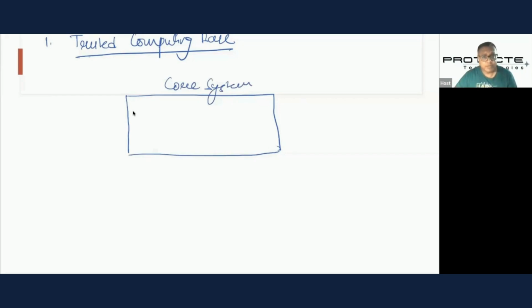For the system to work perfectly, this particular core cannot be interfered with. The system should maintain integrity, confidentiality and availability.